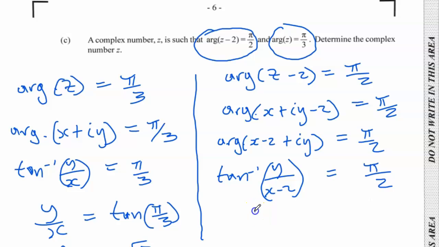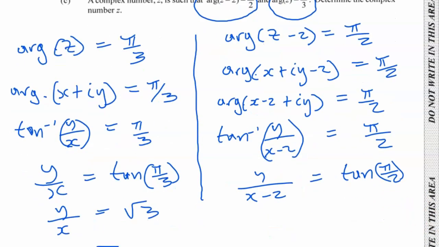Which means that y over x minus 2 is equal to tan pi over 2, which means that y over x minus 2 is now tan pi over 2, that's undefined.